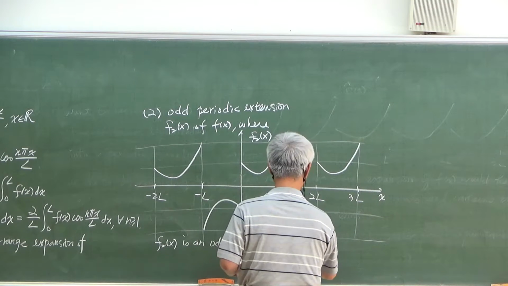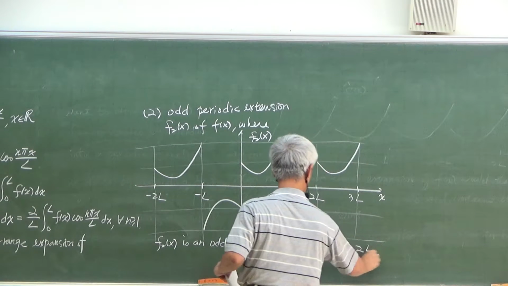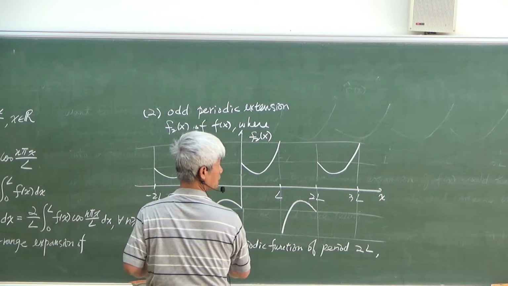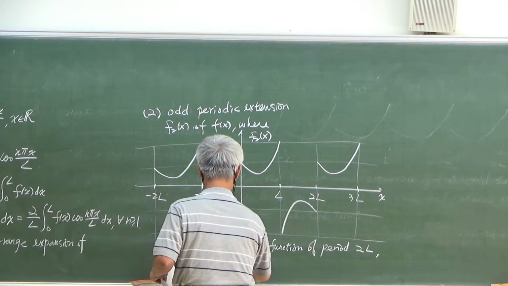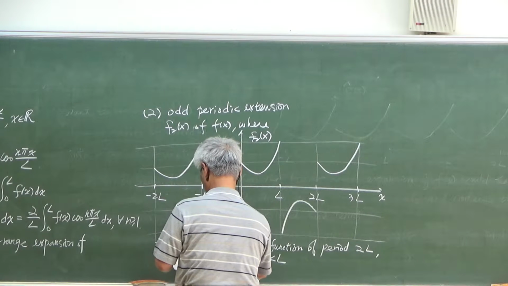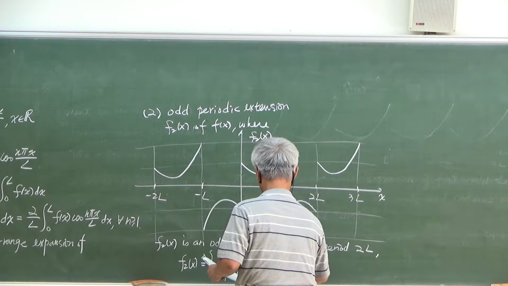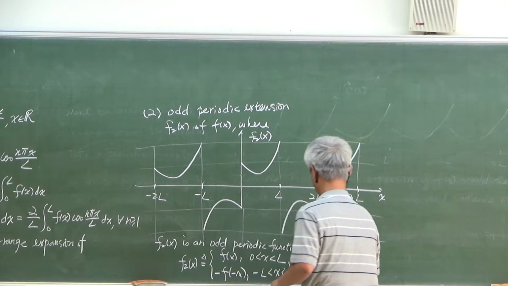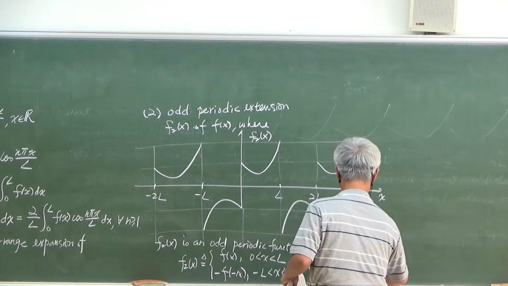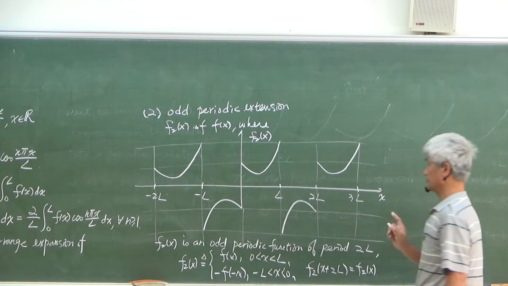Of period 2 times L, and the definition of f2(x) is f of x when x is in 0 to L, and then minus f of minus x when x is in minus L to 0, and f2(x+2L) equals f2(x).